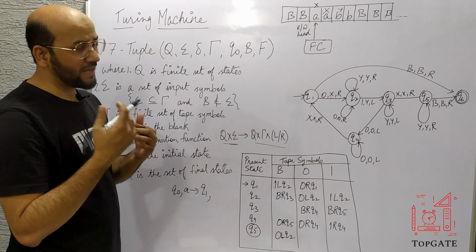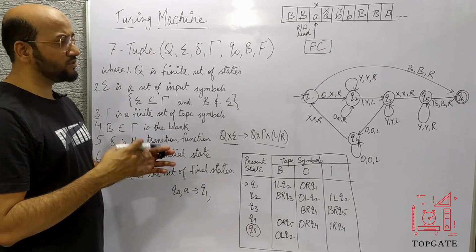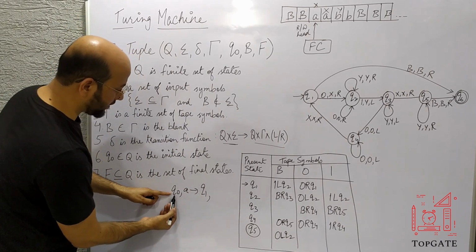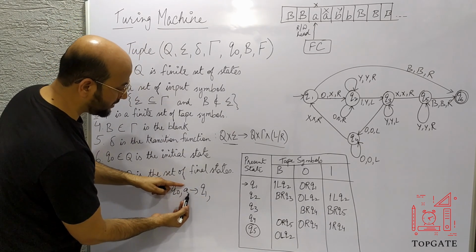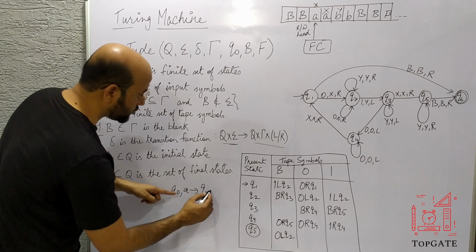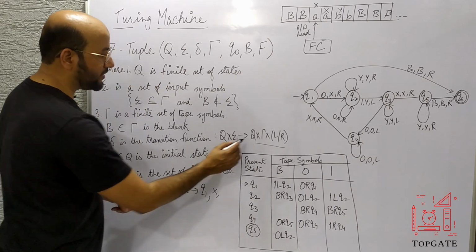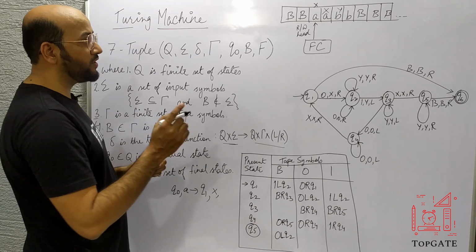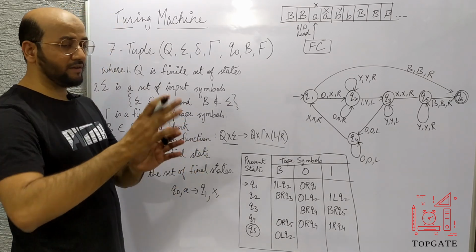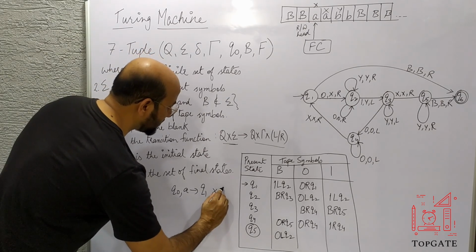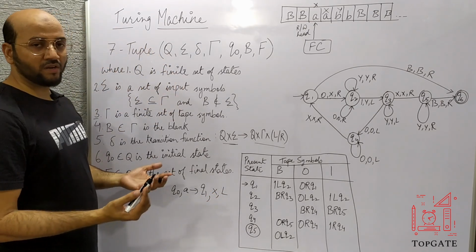Either we can leave it as A only, or we can change this A to some other character. So we were at state Q0, read the input symbol A, reached state Q1, and changed this symbol to, say, X. The last one is the direction of the read-write head, that is, whether it is going to the right or to the left. So I can write L or R, whatever I need.